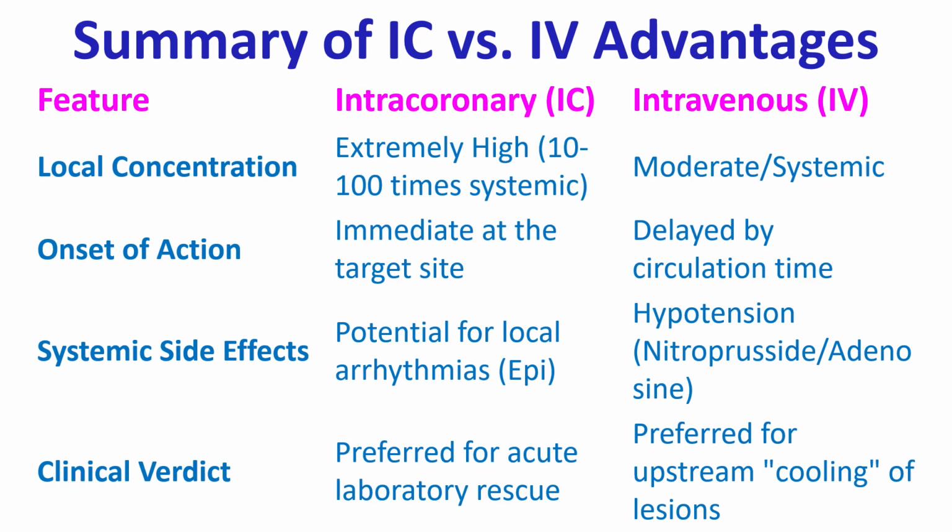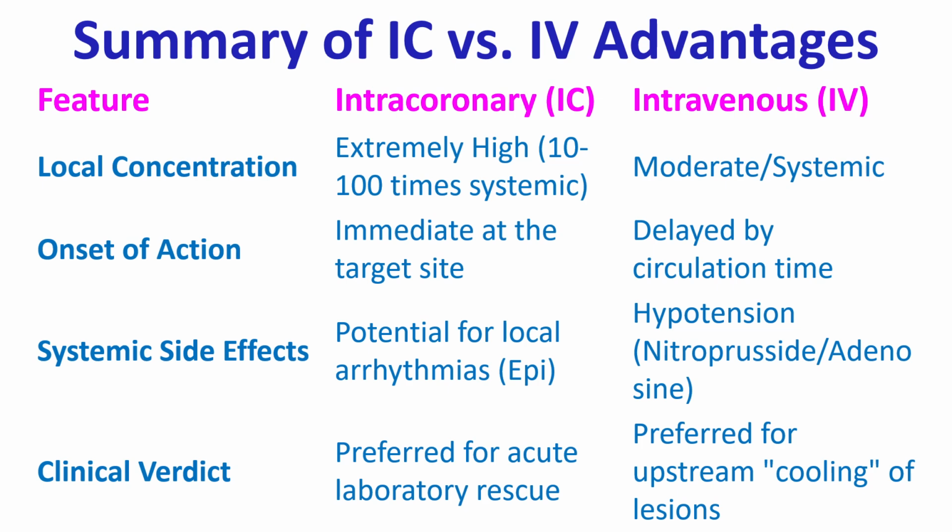Local concentration: extremely high for intracoronary administration, that is 10 to 100 times systemic. For intravenous, it is moderate and basically systemic. Onset of action: immediate at the target site for intracoronary, while for intravenous it is delayed by the circulation time.